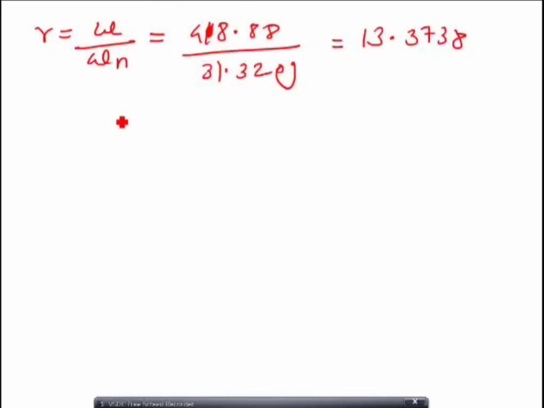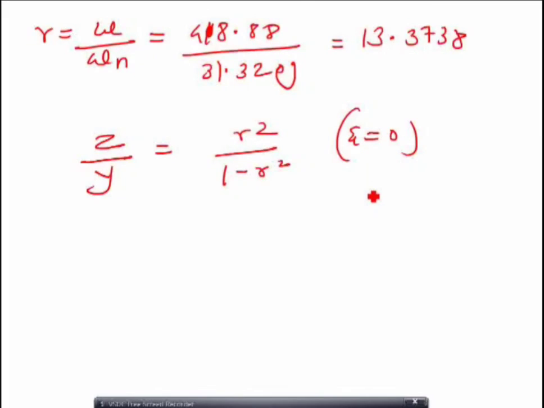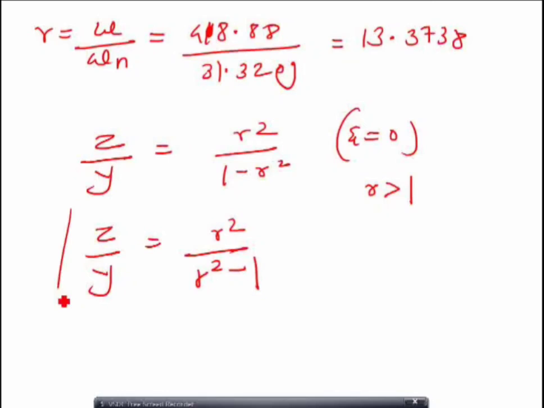Now we know that the steady state relative amplitude Z upon Y, when zeta is equal to 0, I would directly write as 1 minus r square. But we know that this r is again greater than 1, so I will modify this formula. Z upon Y is equal to r square upon r square minus 1. Otherwise I will get an answer in negatives.